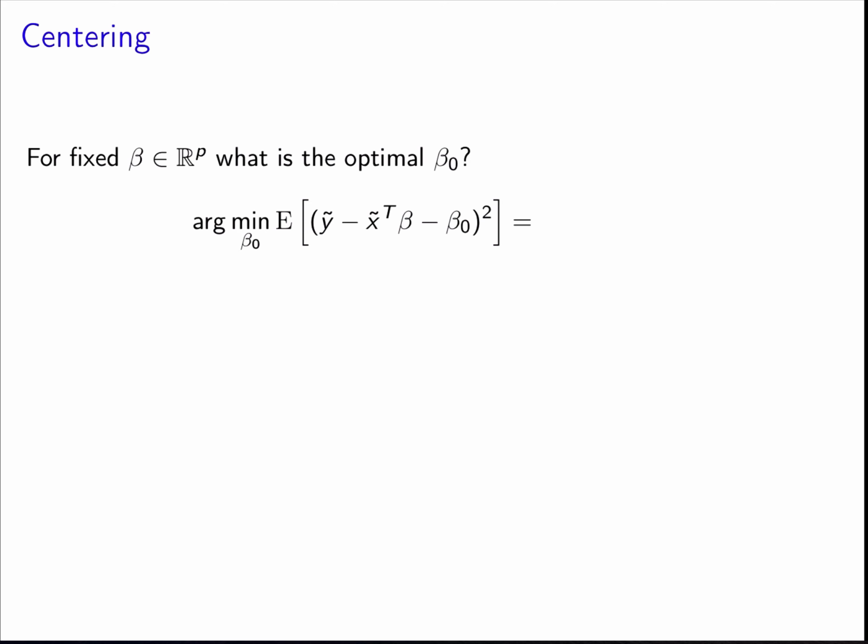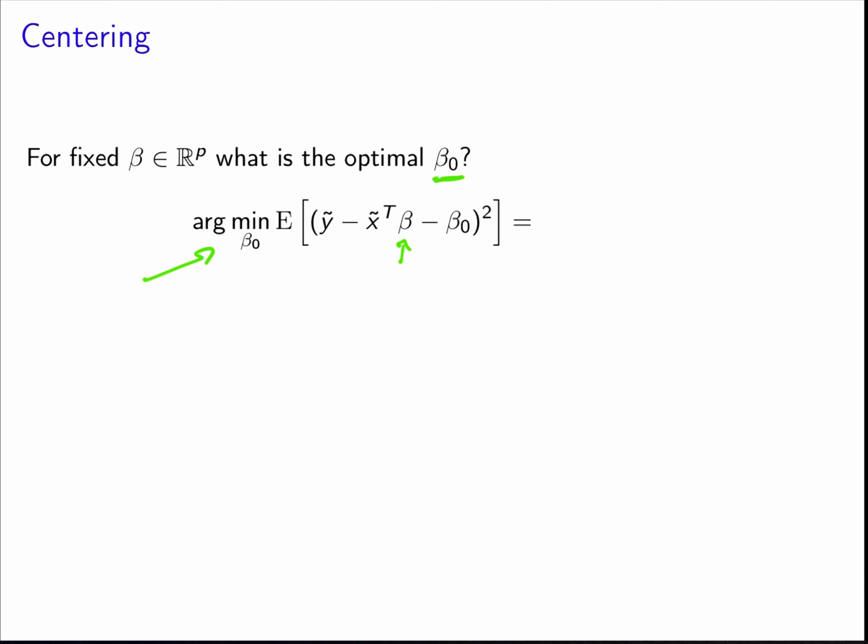First, let's determine the optimal value of beta 0 in our linear model. For any beta, it's going to be the beta 0 that minimizes this expression. Here, our first result is extremely useful.